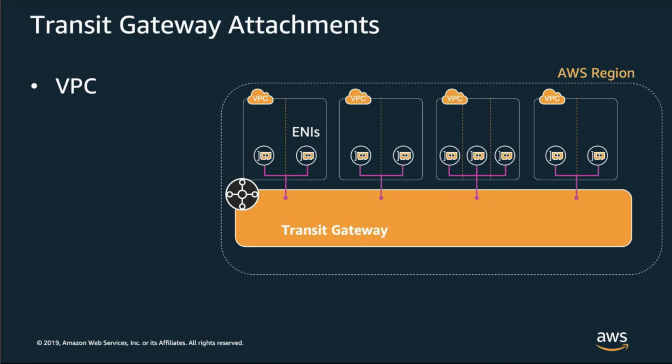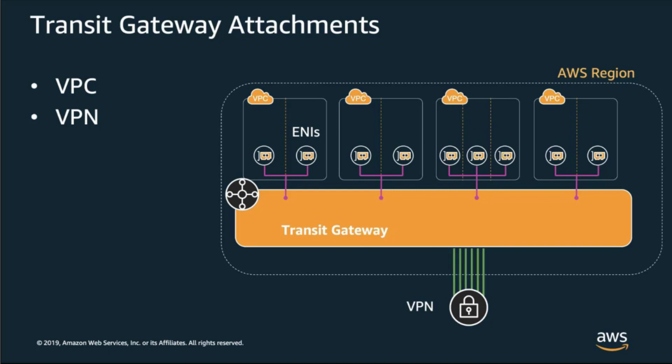We also have a VPN attachment. And the VPN attachment works very similar to the way site-to-site VPN works today. It's actually the same console. If you're familiar with going and provisioning a VPN connection today, and you've done that and connected it to a virtual private gateway, same type of workflow, but instead of connecting it to a virtual private gateway, we're connecting it into a Transit Gateway.